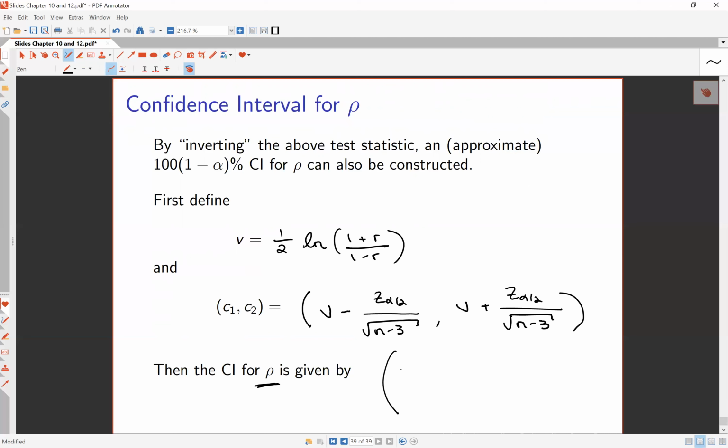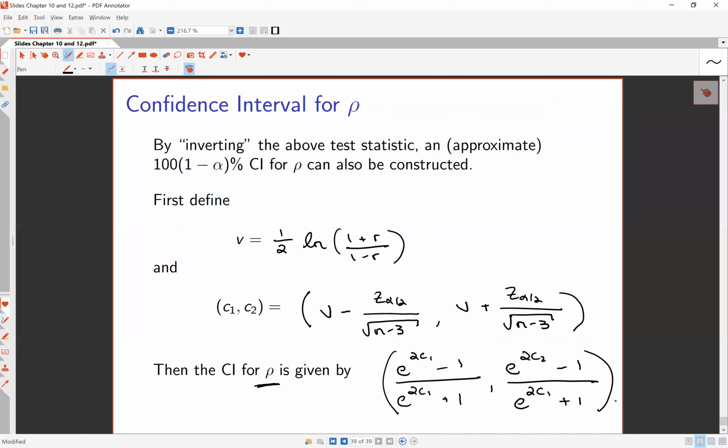And that is given by e to the 2c1 minus 1 over e to the 2c1 plus 1. And the right side is exactly the same transformation, just using C2 instead of C1.